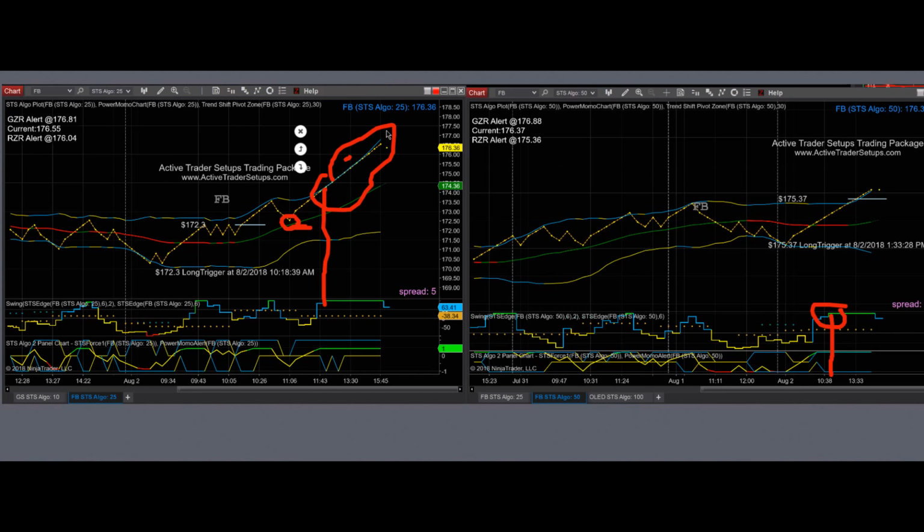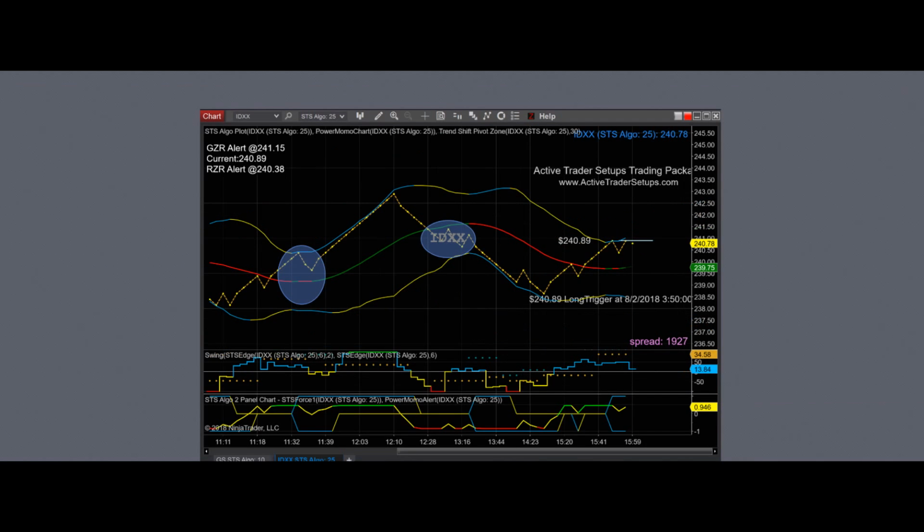This is almost a $5 move from right here to here. And Facebook generally is a terrible day trader, but it's in play right now.